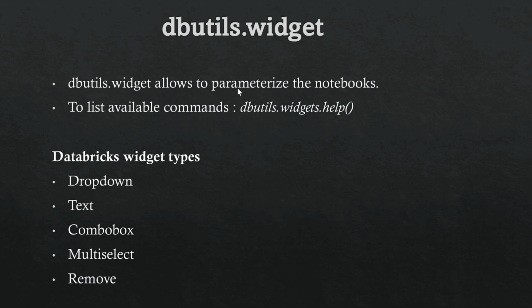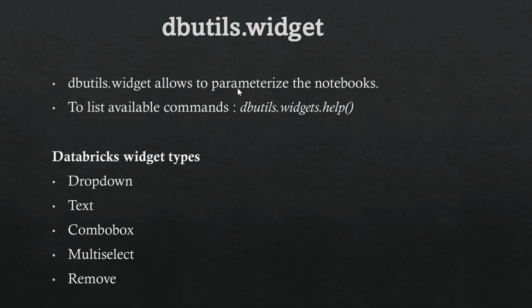So next is dbutils.widgets. What exactly are widgets? They help you parameterize the notebook. So let's say you have a notebook and you are running the complete pipeline and you have some variables. If you want to parameterize the values of those, you can use your dbutils.widgets command.